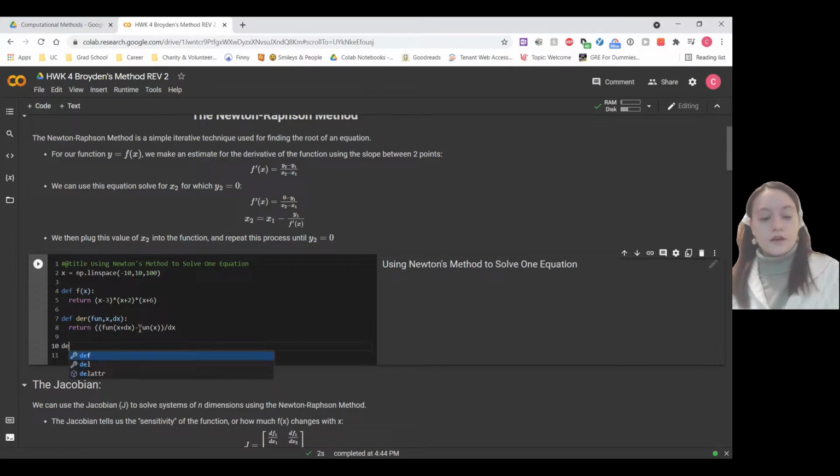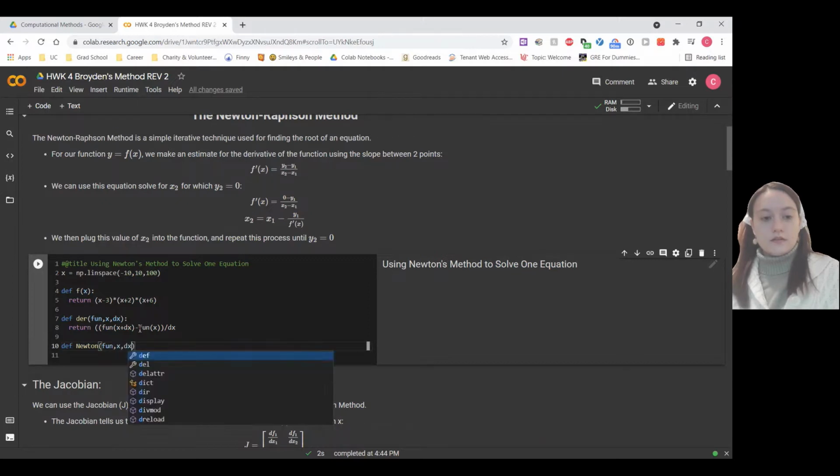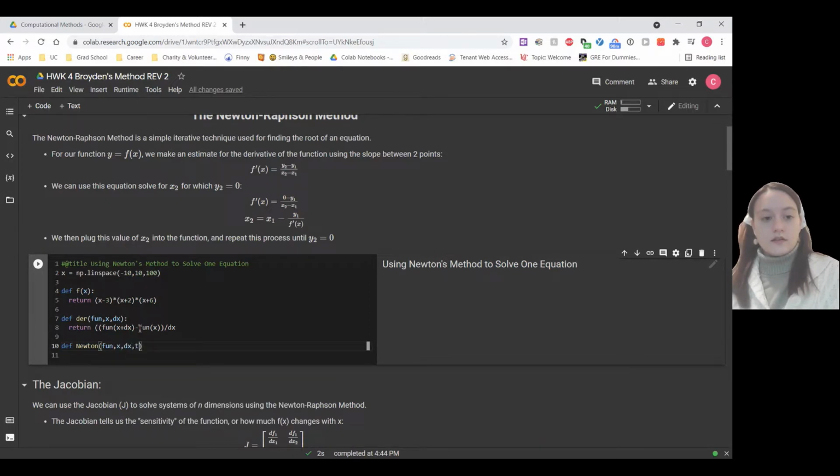And then we can define our Newton's method. For that, we'll need our function, we need our x, we need our dx, and we also need our tolerance, which we'll say is 1e to the negative 6.